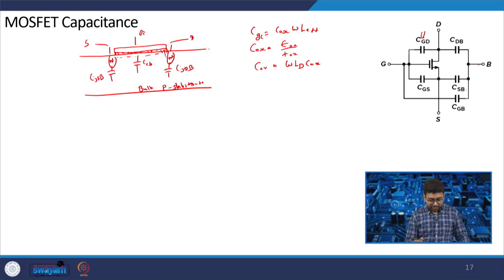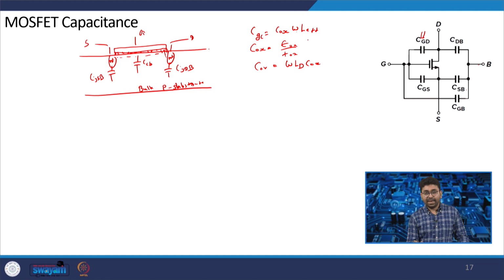In the last class we have seen that there is a P substrate, a channel to bulk capacitance CCB, then CJSB and CJDB, the junction capacitances, source to bulk and drain to bulk. The gate capacitance is given by the oxide capacitance, the width of the MOSFET W and the effective length L effective, which is L minus 2 LD because of the gate overlap.